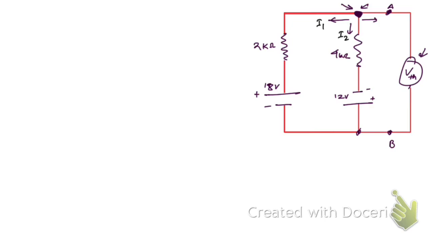Now when you come along this path, you get a resistance, then you get a battery here, right? We know that current is the voltage divided by resistance.